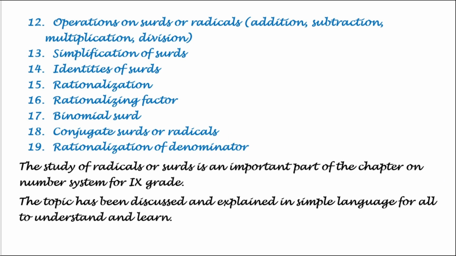Again, a very important part of the number system chapter, especially the rationalizing factor, the rationalization of the denominator, the binomial radicals, and what is the conjugate radical. These are very important parts of this chapter which have to be learned, and these are again discussed and explained in different videos and put in the playlist. The students have to go through each of these videos to understand the subject.